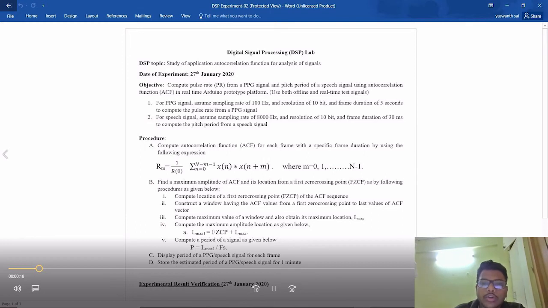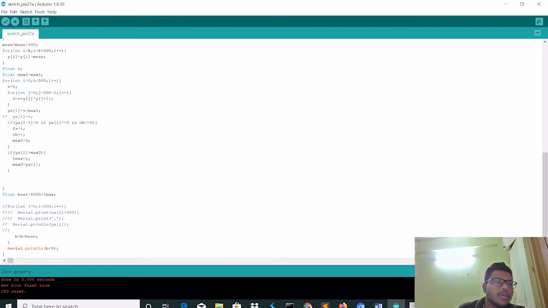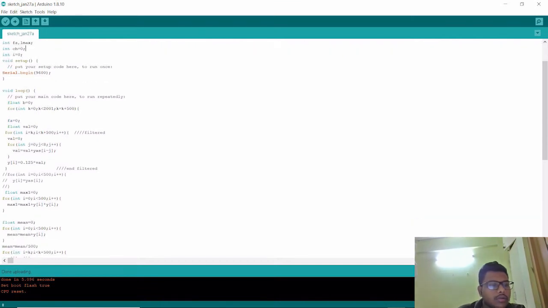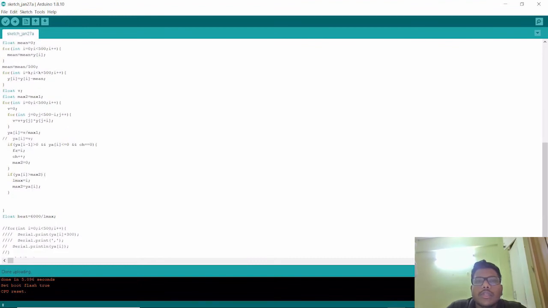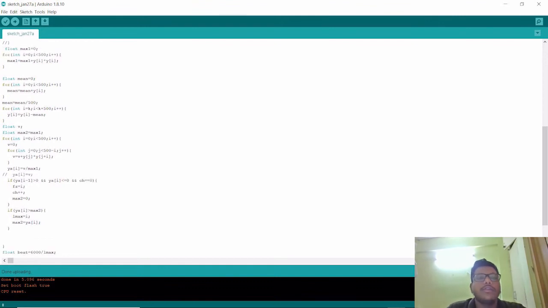So going to the code part, here we are taking 2000 samples of the PPG signal. As I said in the last lab session, we can observe noise in every signal we take.